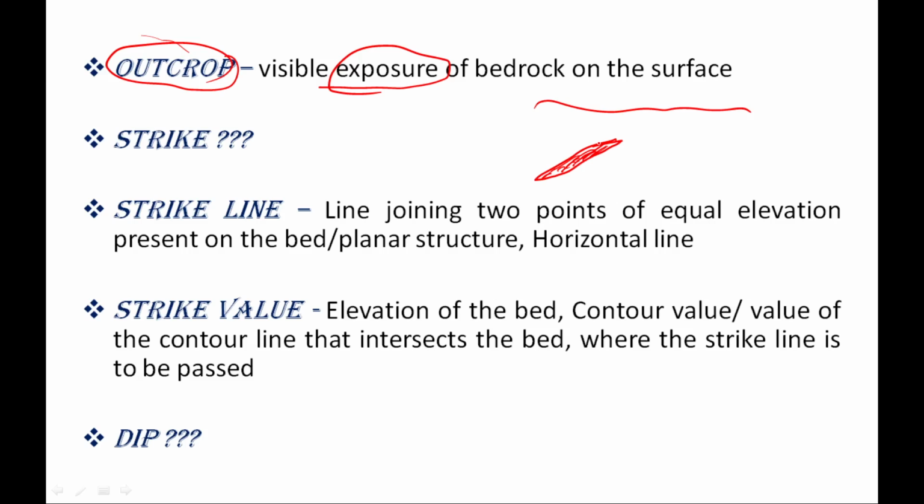Then this bed, or this dike or vein, is not exposed to the surface. If the surface is eroded, or maybe there is another bed like this, you can see that at this point it is exposed to the surface.